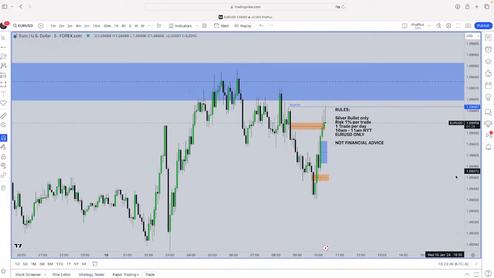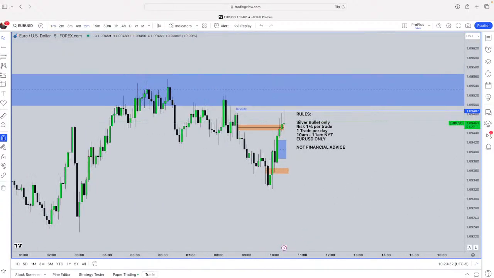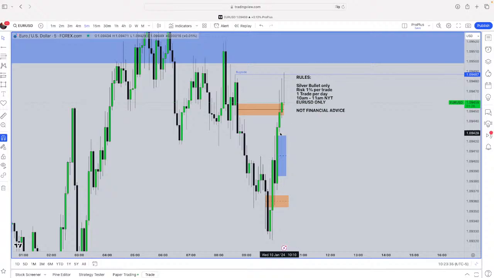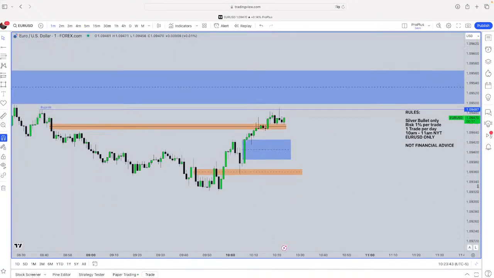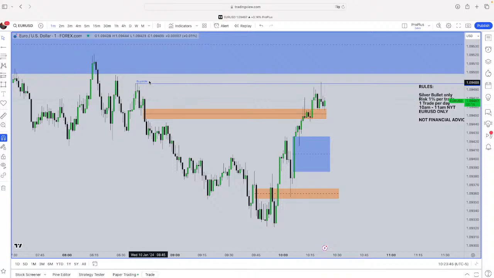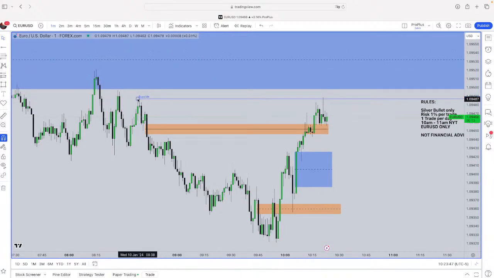If you look on the 5, little inversion, little fair value gap there. Price may want to retrace back before going higher. But if you meant take profits, I'll definitely take some profits there, and then the next draw would be here.